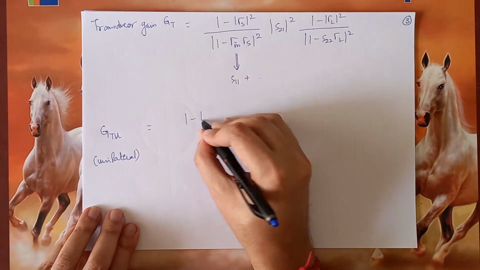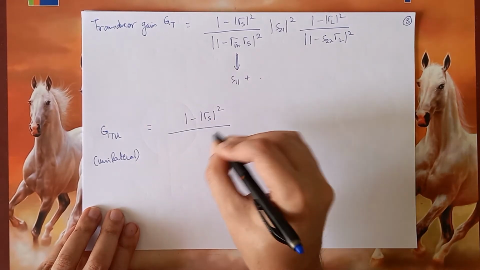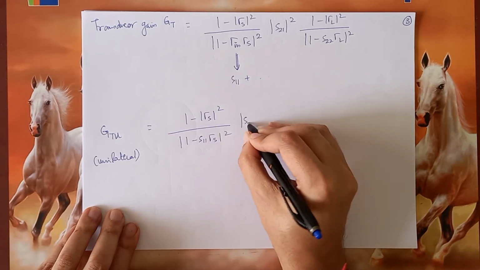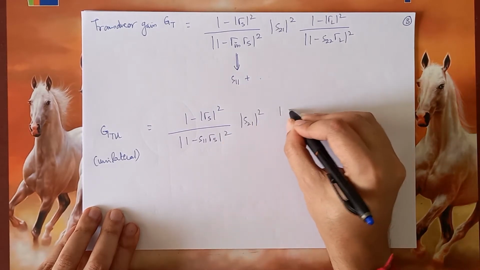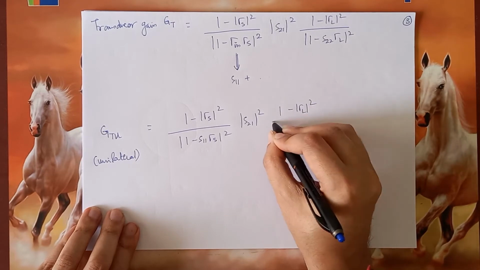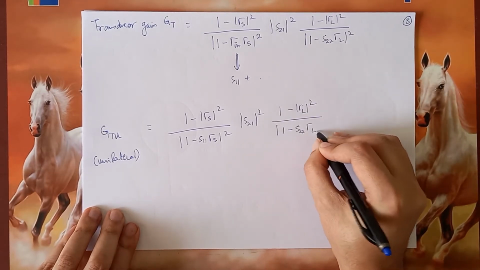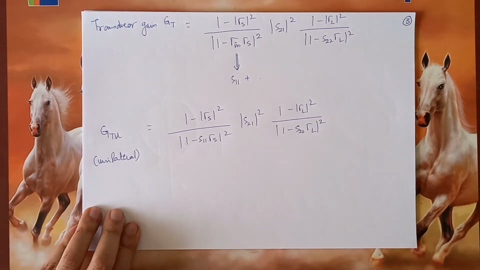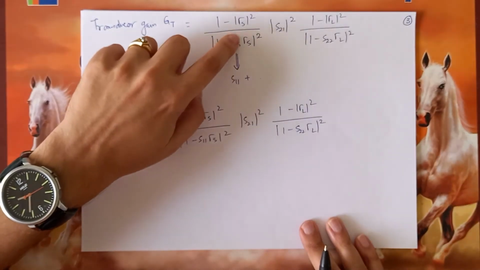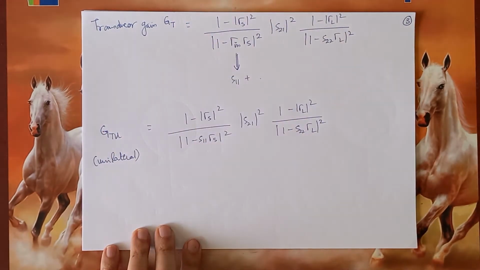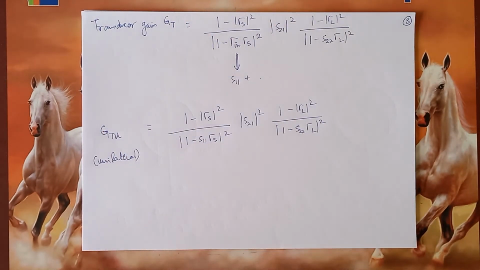So this formula reduces to 1 minus S11 gamma S whole square times S21 square. Now, if gamma in is more than S11, then GTU is more than GT.